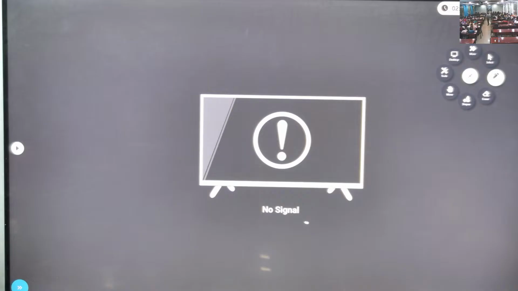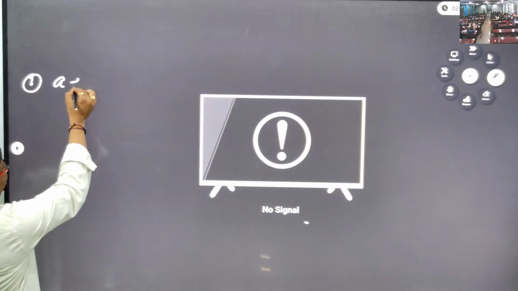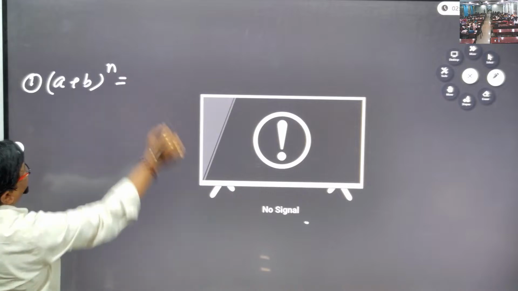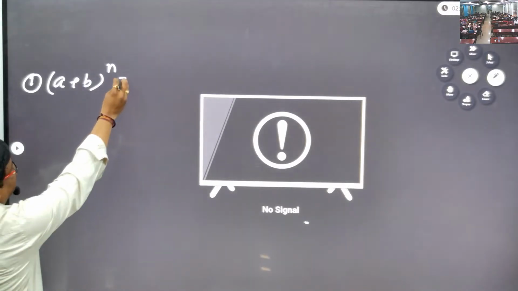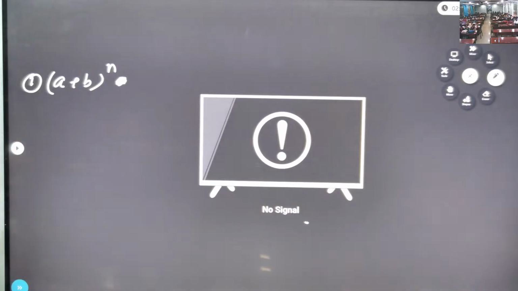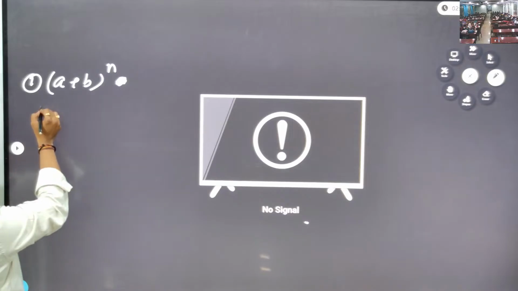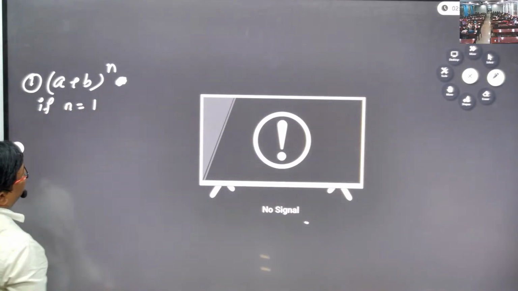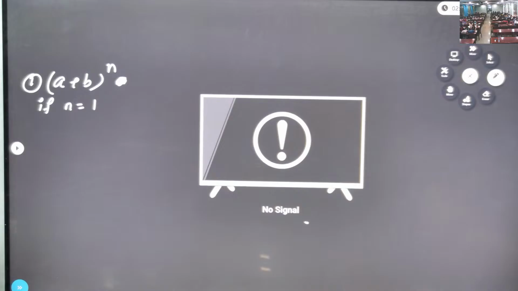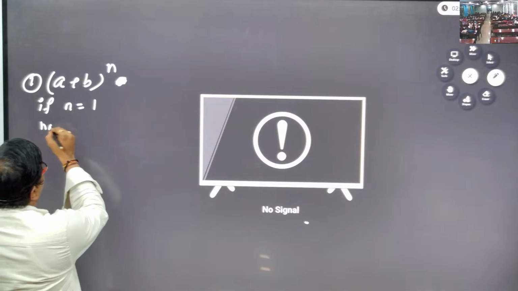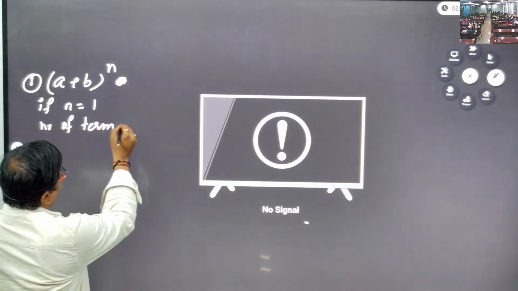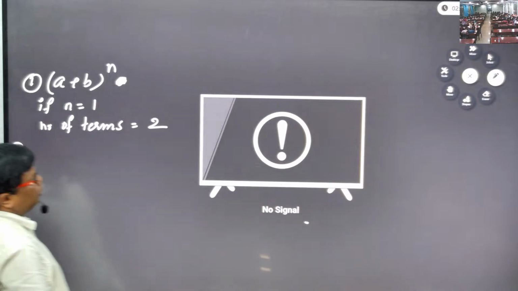Next, a plus b power n. If n is equal to 1, the number of terms is equal to 2.